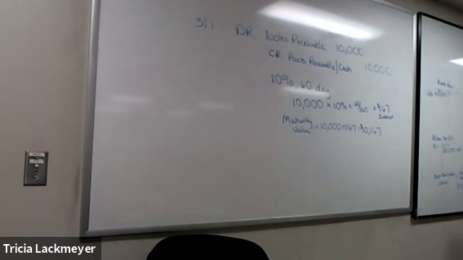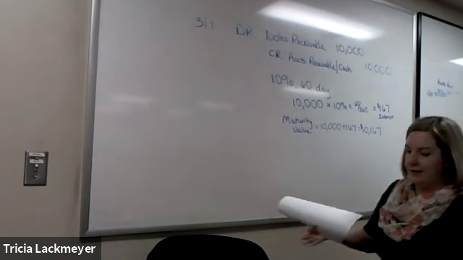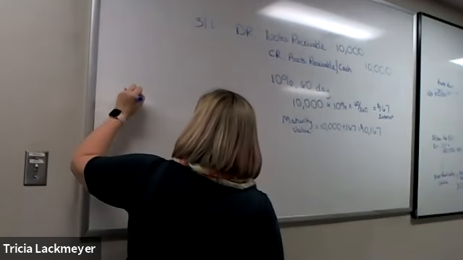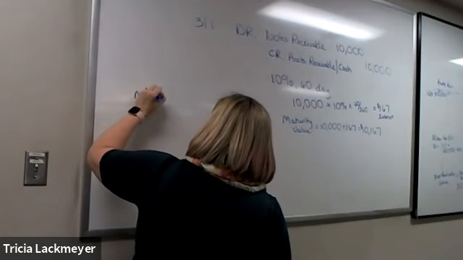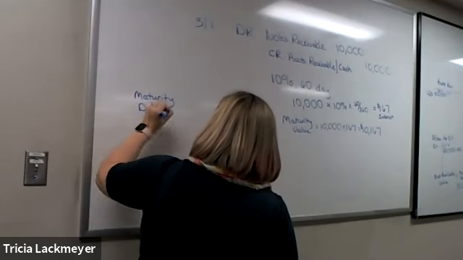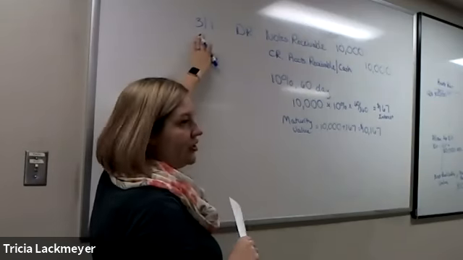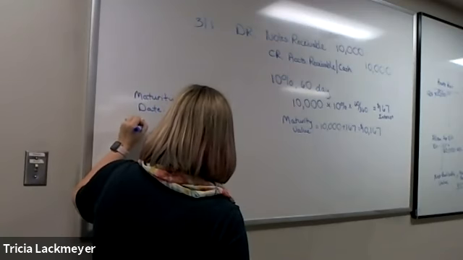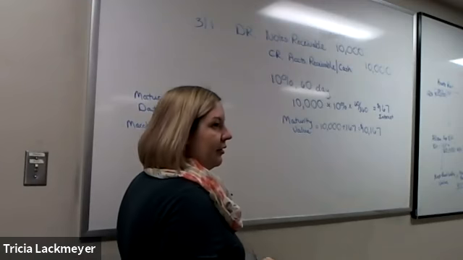Well, I wrote this on March 1st, and it's a 60-day note. So the next thing I need to figure out is when they are going to pay me. For your maturity date, that's the date that they'll pay us. It's a 60-day note written on March 1st. How many days are in March? 31.